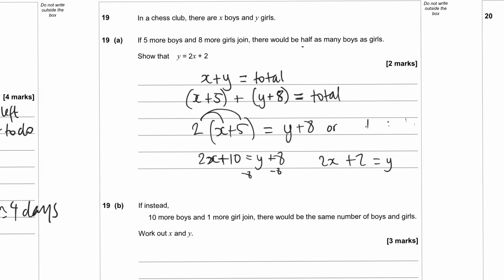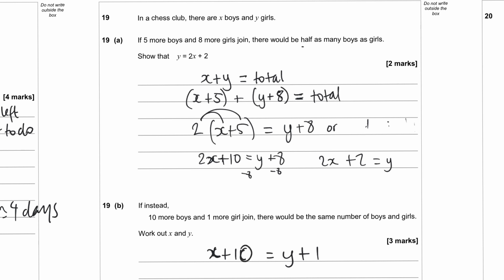In part B, they're changing it up a little bit. They're saying that if instead 10 more boys and 1 girl join, there will be the same number of boys and girls. Which means that if 10 more boys join, x plus 10 is going to be equal to y plus 1. I wouldn't need the bracket this time because there's nothing multiplying it on the outside.